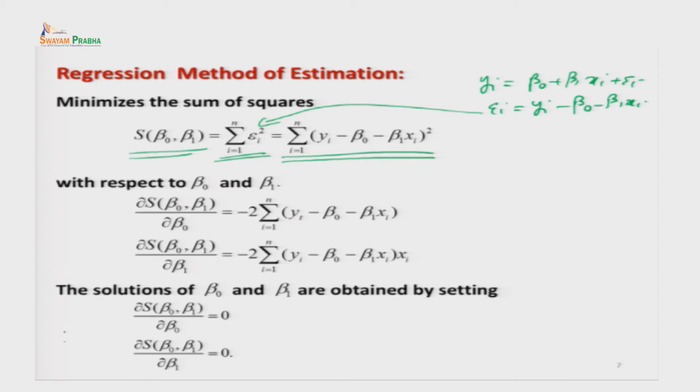This normal equation is solved, and after that we try to find the second derivative, and then we see what is the sign of the second derivative at the value which we have obtained after solving the normal equation. Based on whether this value is positive or negative, we decide whether the obtained value is minimizing or maximizing the function.